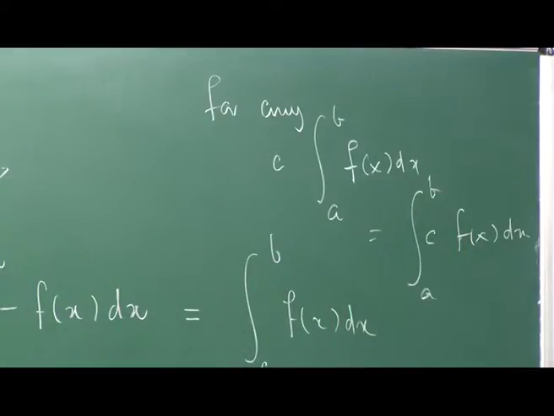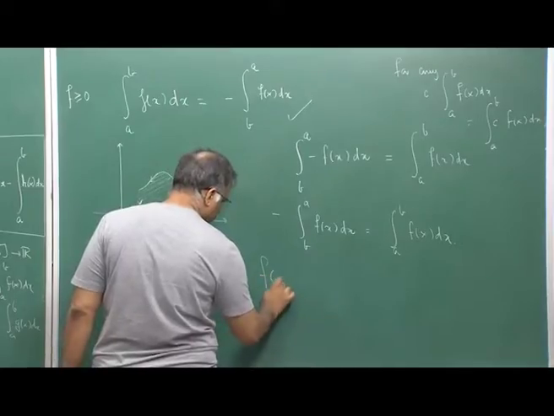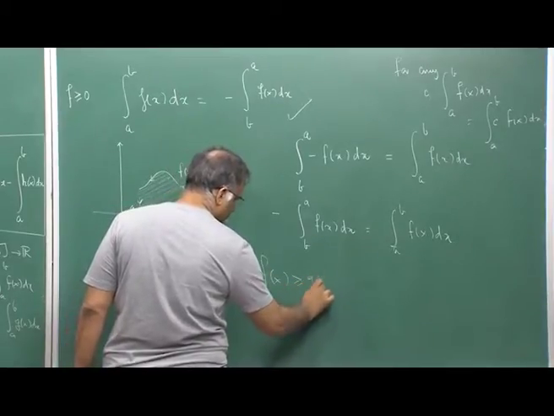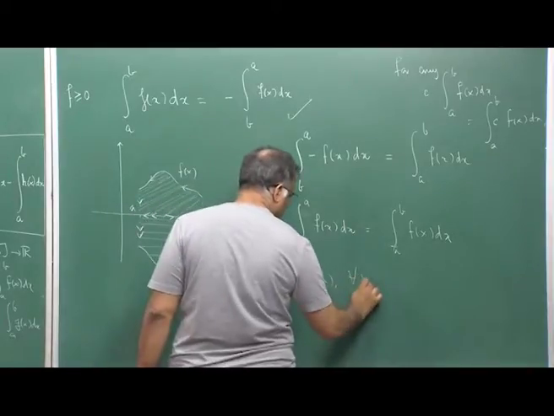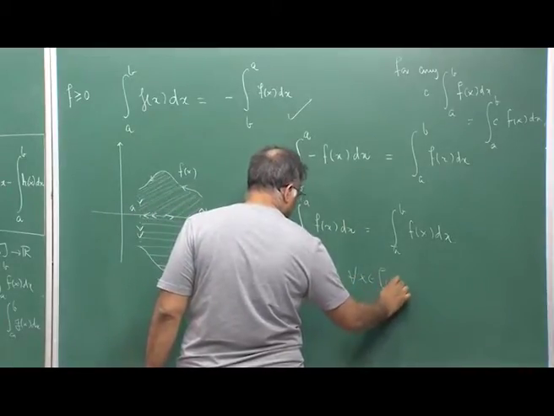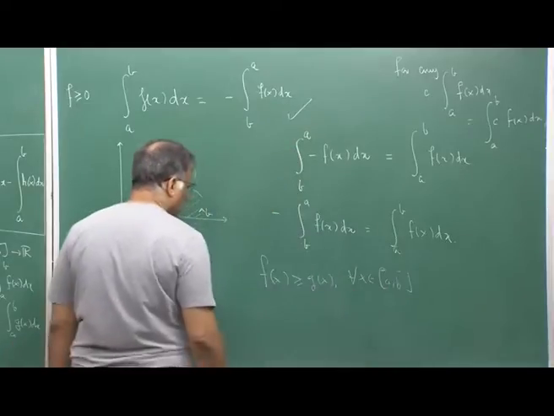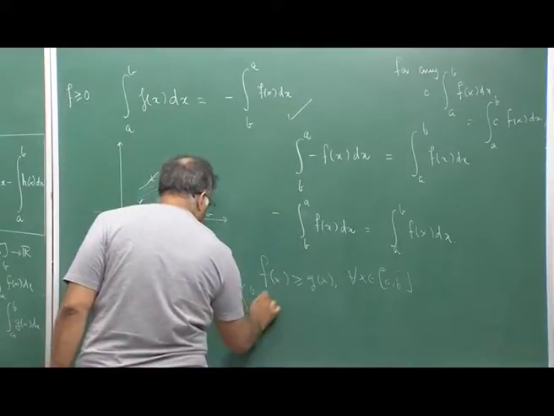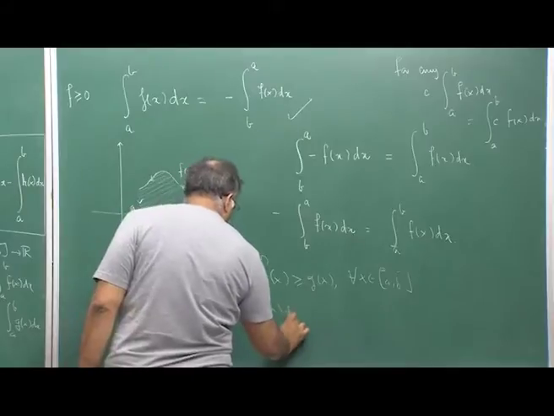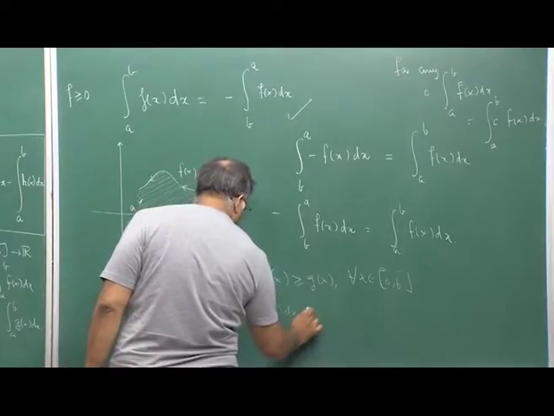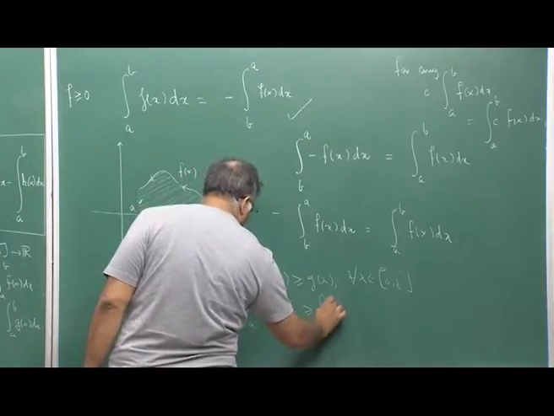Another result is the following, that if two functions f and g are such that integral a to b fx dx is bigger than integral a to b gx dx.